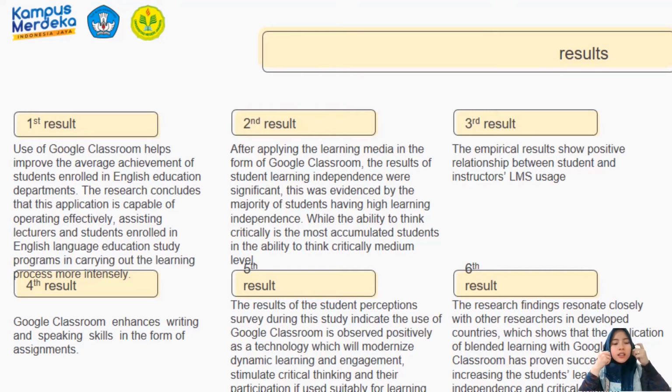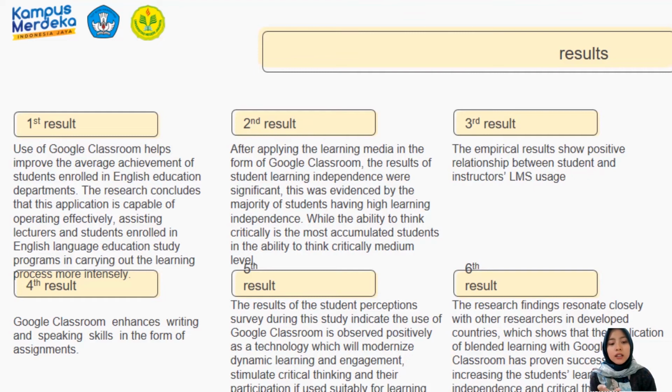And then the fourth is Google Classroom enhances writing and speaking skills in the form of assignments. As we know, the skills of English are writing, speaking, listening, and reading. For listening and reading, we can use Google Meet, so we can listen to someone and read some text.